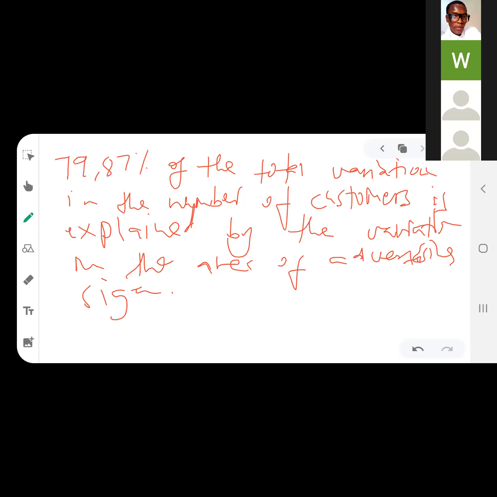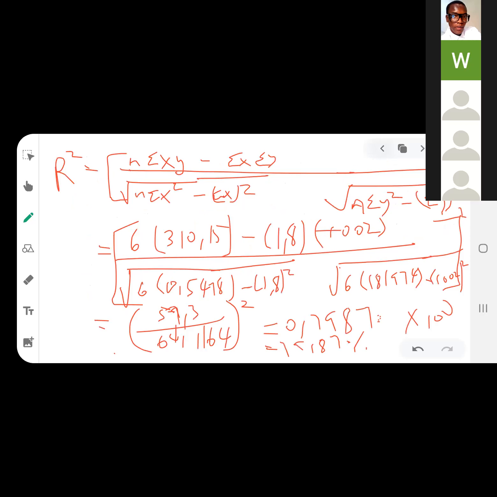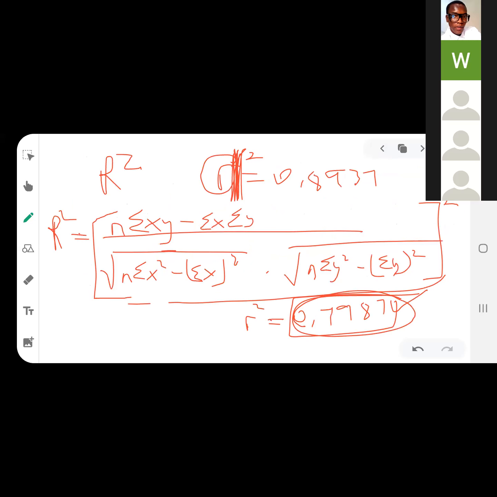Are we together? Yes. Okay, so you won't fail to interpret this one. The R, again, when you calculate the R, the small r, the coefficient of correlation, you remove the square.